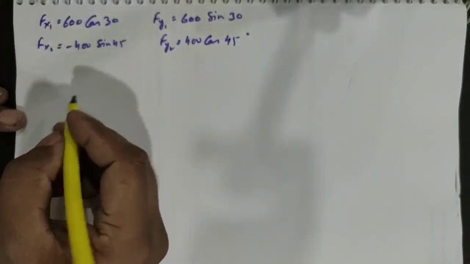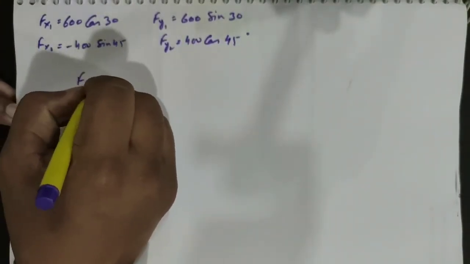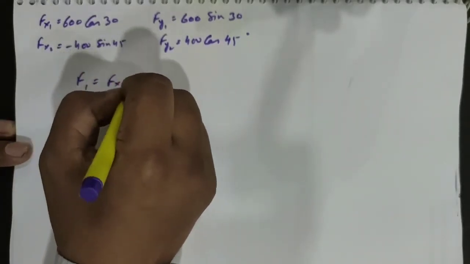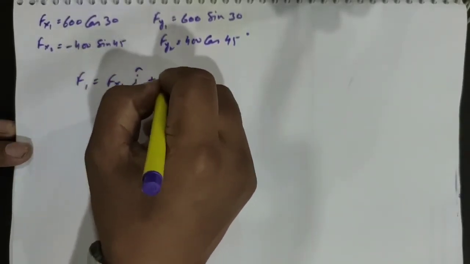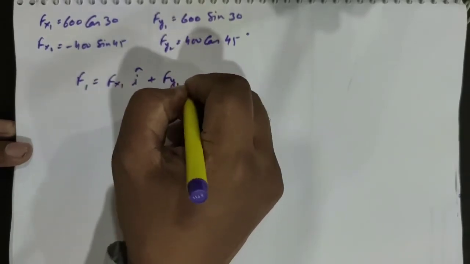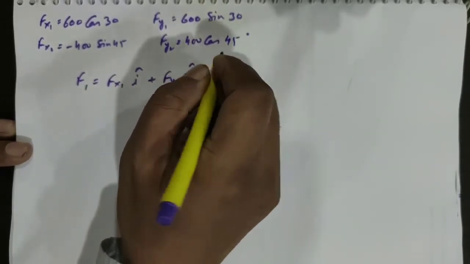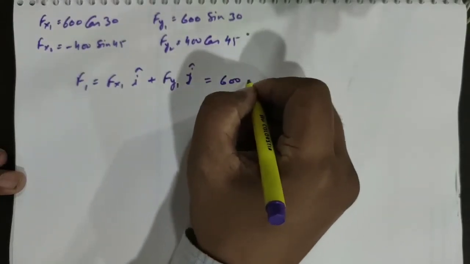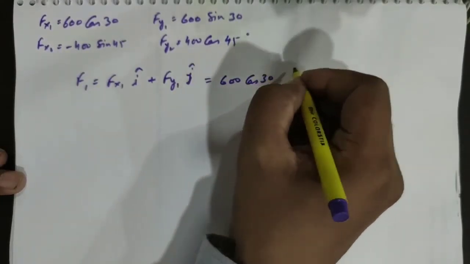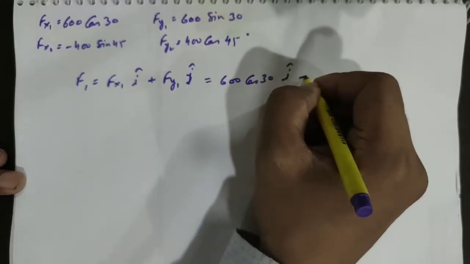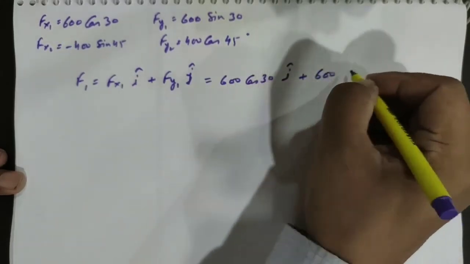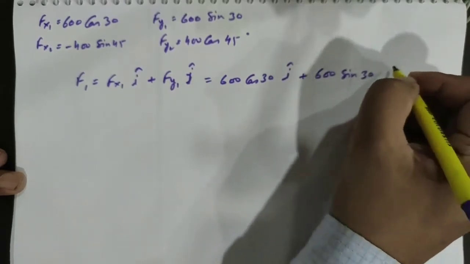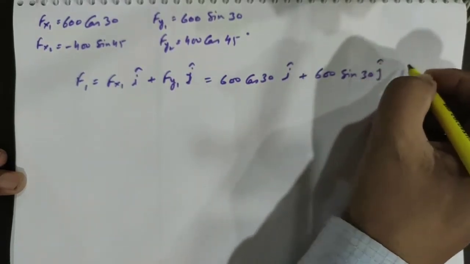So if we need to take F1, the value of F1 was fx1 into the unit vector plus fy1 into the unit vector along this direction. So that will become 600 cos 30 i plus 600 sin 30 j.